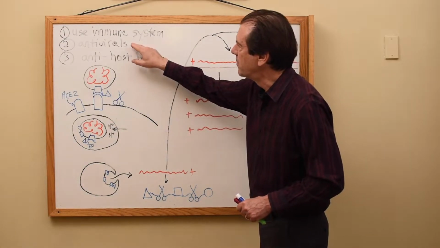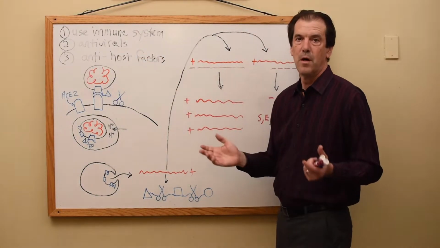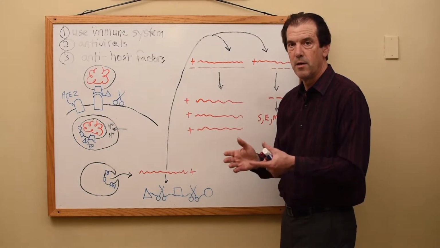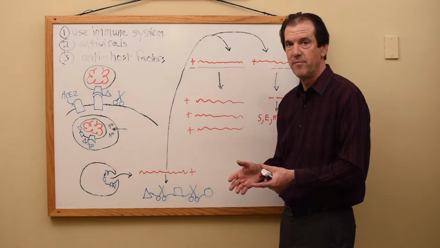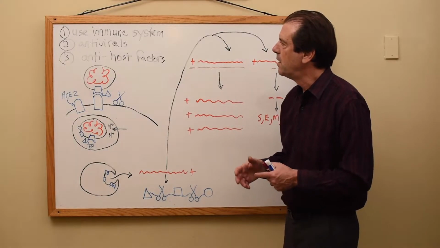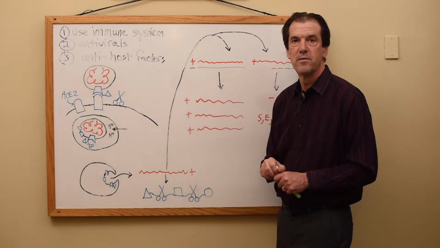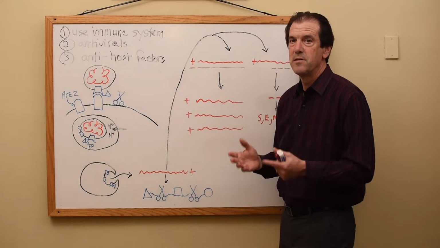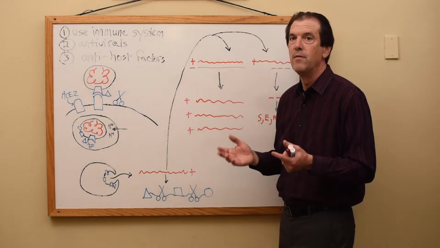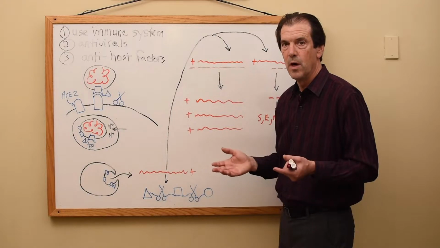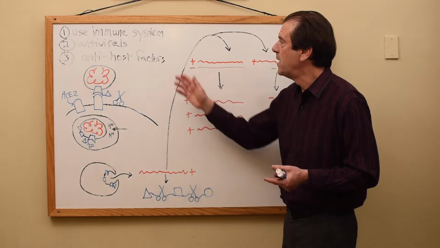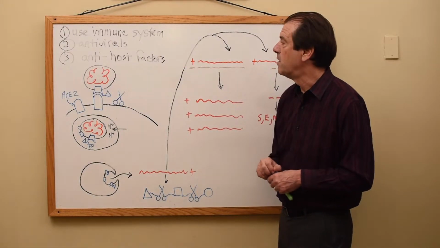Here I'm going to cover antivirals, so drugs that would target components of the virus itself to block its replication, and also anti-host factors. So the virus also has to make use of proteins in the host in order to duplicate itself, and so those also potentially become targets.